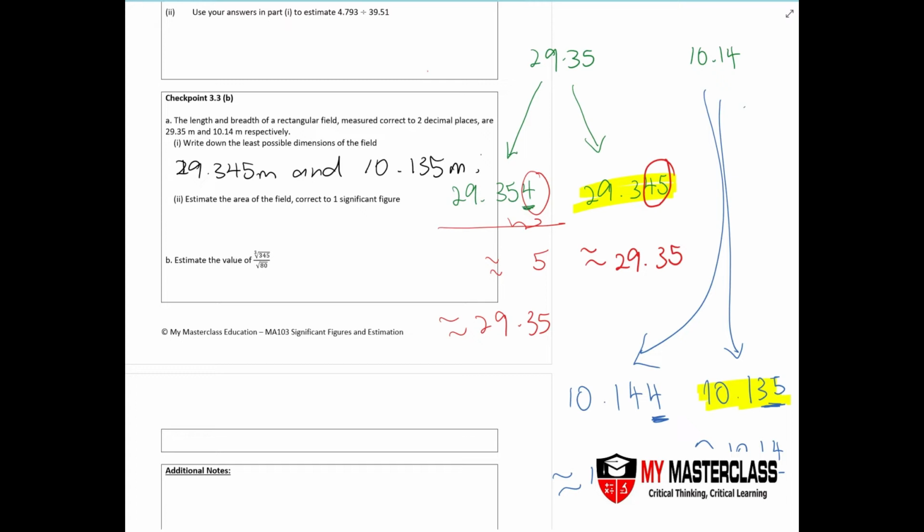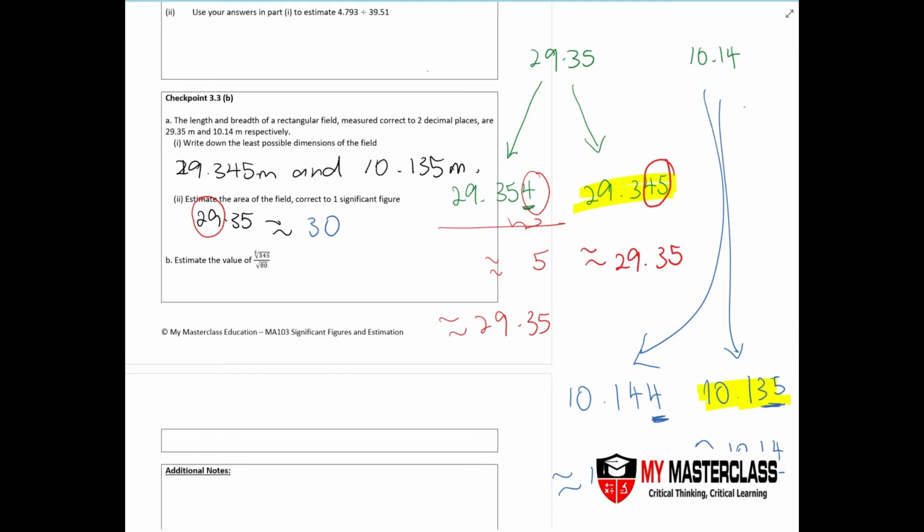Now next, you have to estimate the area of the field corrected to one significant figure. So what will you do? You will take 29.35 and estimate this to one significant figure. What number do you notice? You will notice this, 29, so therefore you will have a 30 over here.